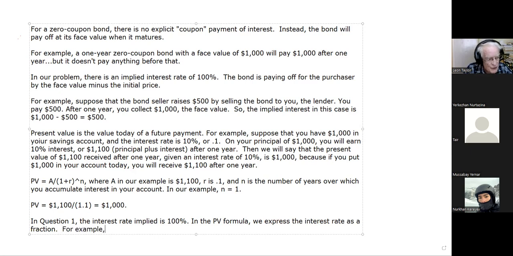For example, for an interest rate of 10%, we will use the fraction 0.1.